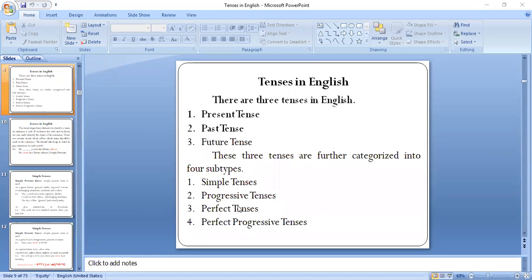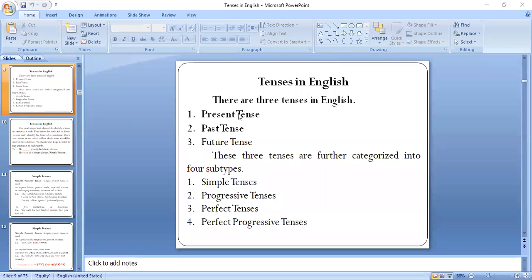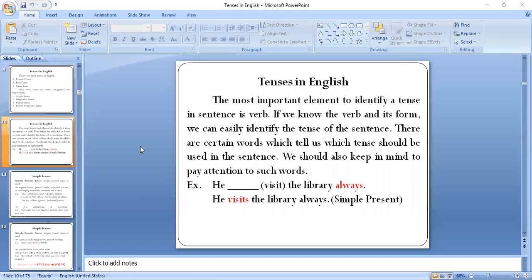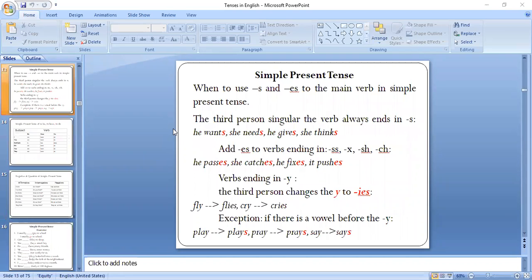So these are the four subtypes that we must know and understand for speaking purposes. I think you all can see this slide very clearly. I have shared this with you.